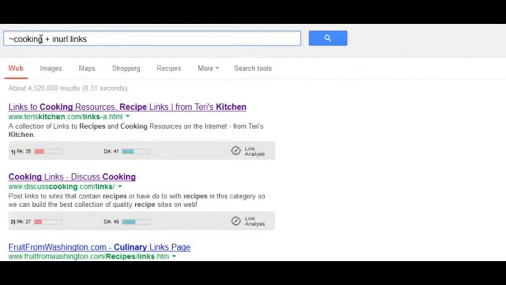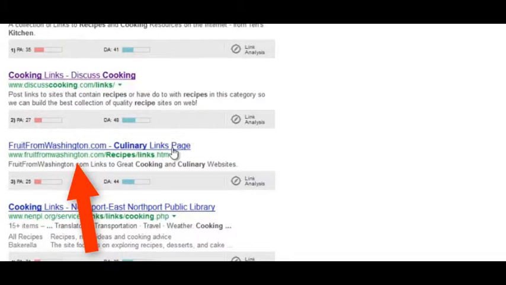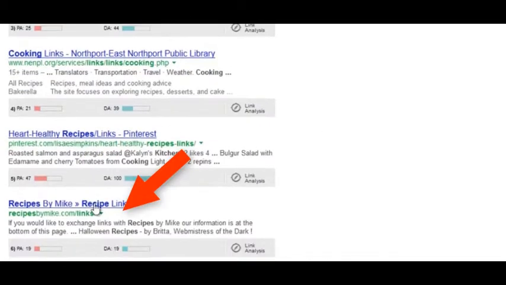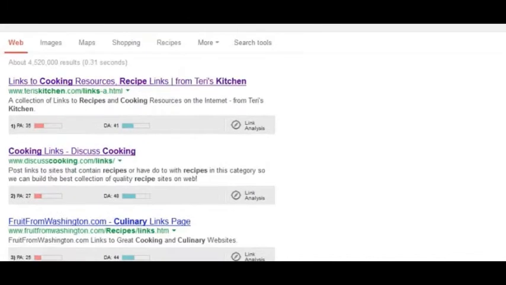And what this does is it tells Google, don't just look for cooking related keywords, look for cooking and related keywords. In this case, it shows us Terry's Kitchen, which we already saw, but it also brings up things like culinary links page, recipes, recipe links, and these are resource pages that we wouldn't have found using that search string. As you can see, it brings up a lot more results because you're using a lot of synonyms.